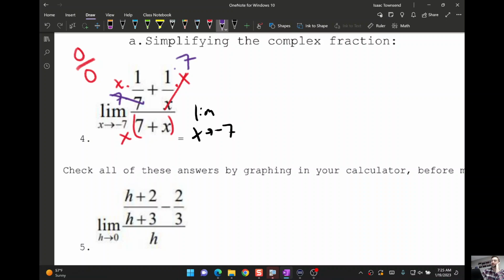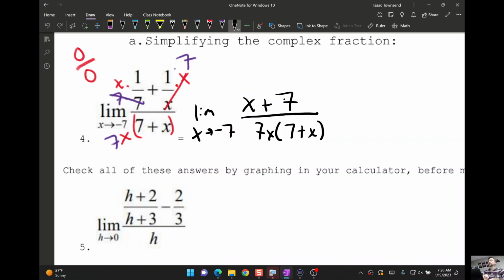If you multiply that by 7, everything needs to be multiplied by 7. And it gets a little messy, so be careful. But once these smaller denominators go away, then see what the aftermath of this is. We're left with an x times 1 here, a 7 times 1 there, and down here we've got a 7, an x, and a 7 plus x.